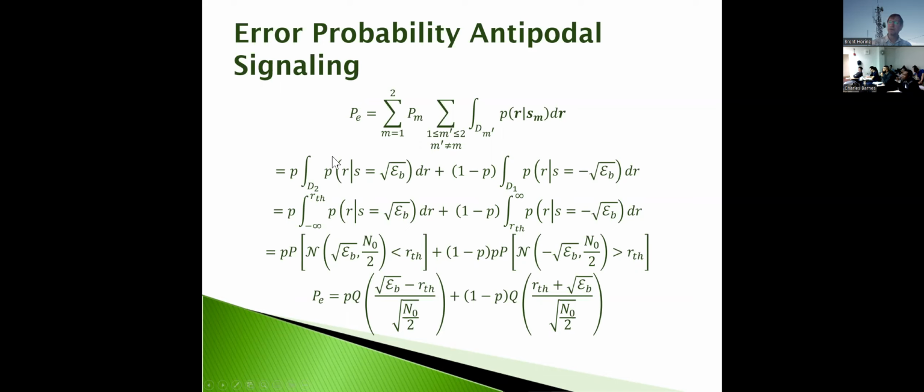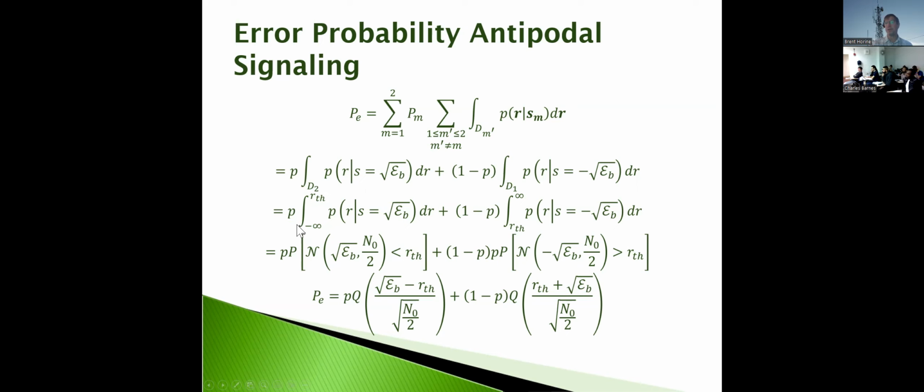So here on this left side, the first term, we're looking at symbol 1 lying in decision area 2. In the second term, we're looking at the probability of sending a symbol 2, but it ends up in decision area 1. So both of these would represent an error. Okay, and now let's start describing our decision areas.